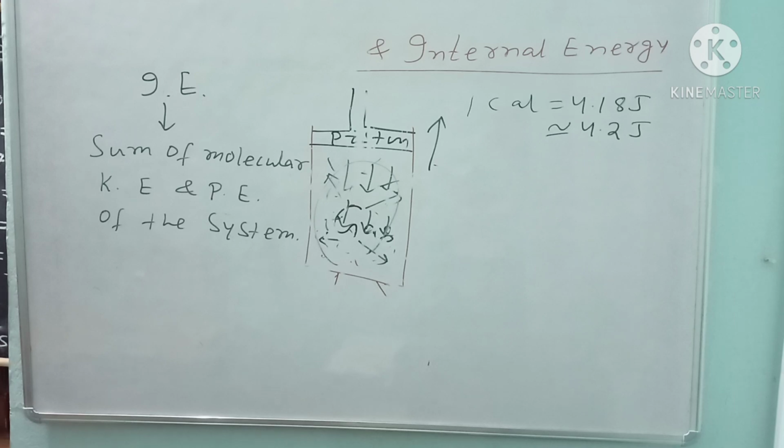So students, kinetic energy is a function of temperature. When temperature increases, internal kinetic energy increases, and potential energy is a function of volume, and its unit is also the joule.